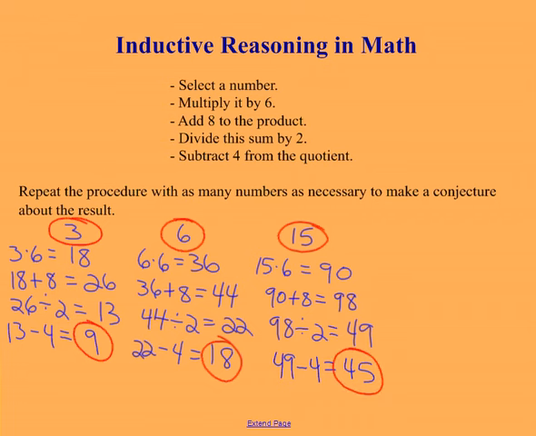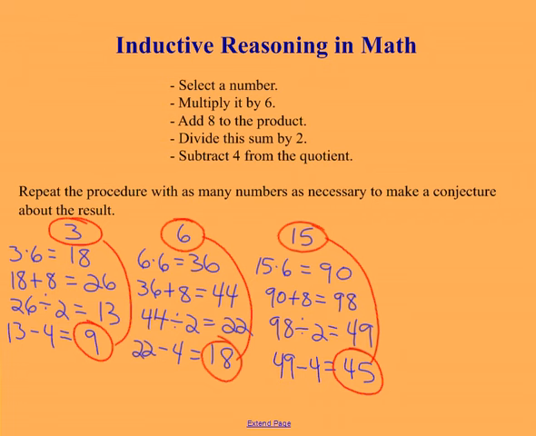Can you see any sort of pattern between the original number and the resulting number? You're right. The original number, in this case 3, is being multiplied by 3 to get 9. 6 times 3 gives us 18. 15 times 3 gives us 45.